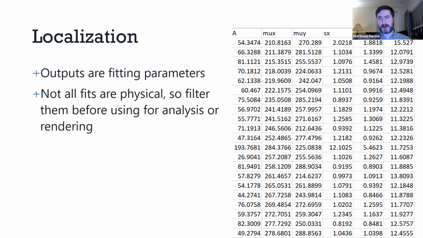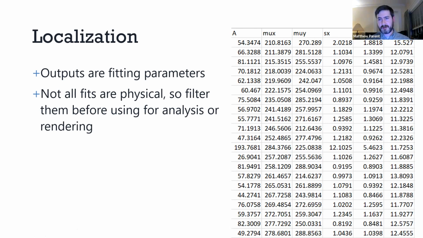So for example, if I had a hot pixel that somehow made it through this algorithm and it fit it, it might give me a Gaussian with a sigma that's less than a pixel. But I know that my PSF must be more than that. So not all of these fits are possible, even if the fit is really good. So not all of these things are point spread functions. So we need to be able to filter these out before we analyze any of the data.